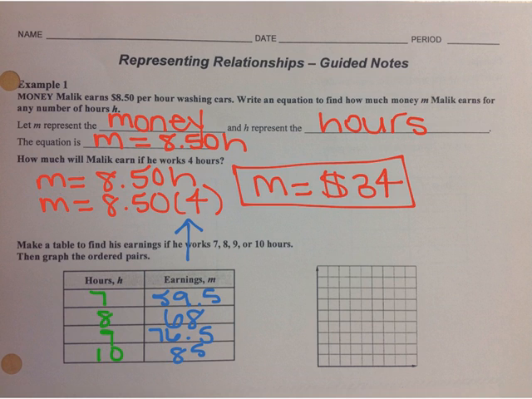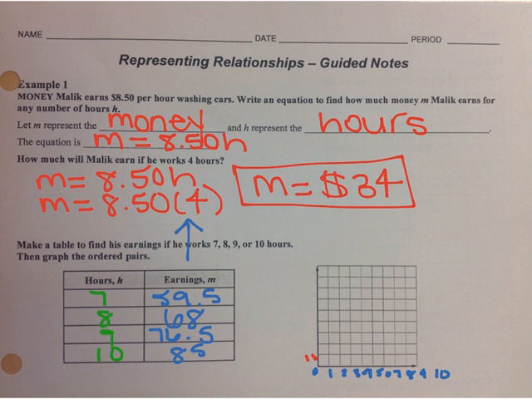In order to graph our ordered pairs, we have to make a scale on our graph. So for my x-axis, I'm going to start with 0 at the origin. This is going to be 1, 2, 3, 4, 5, 6, 7, 8, 9. Then 10 is going to be over here a little bit. And then on my y-axis, I'm going to go in increments of 10.